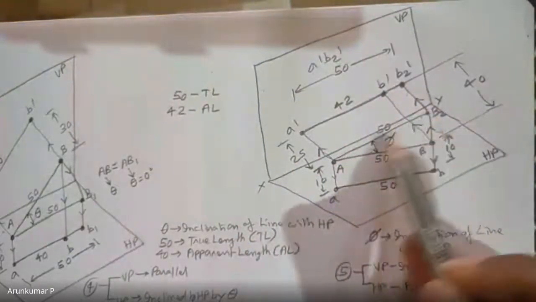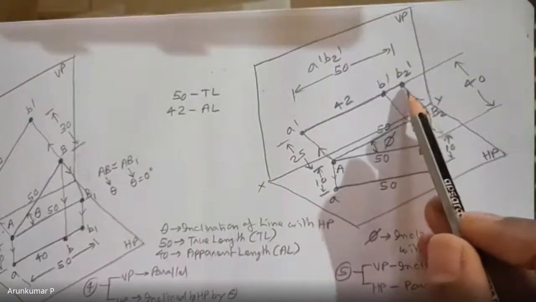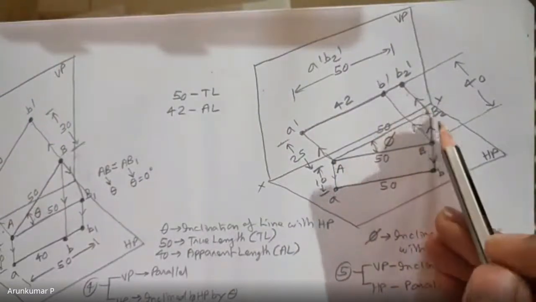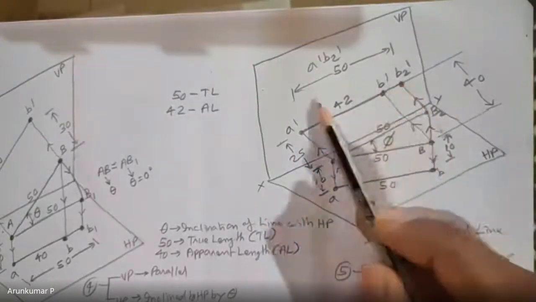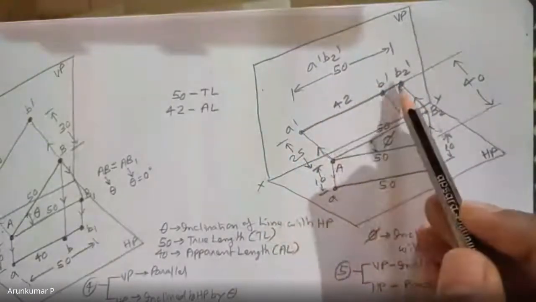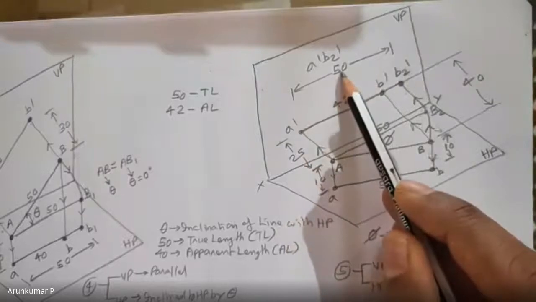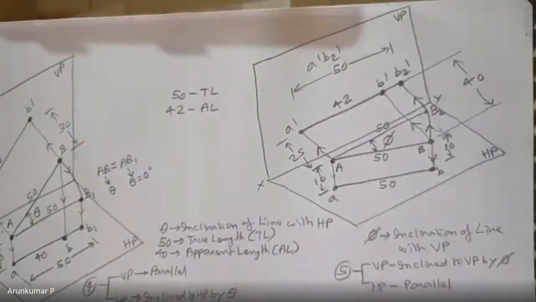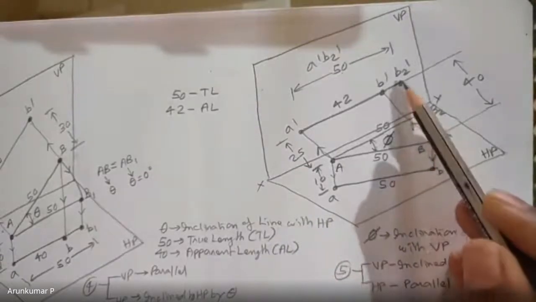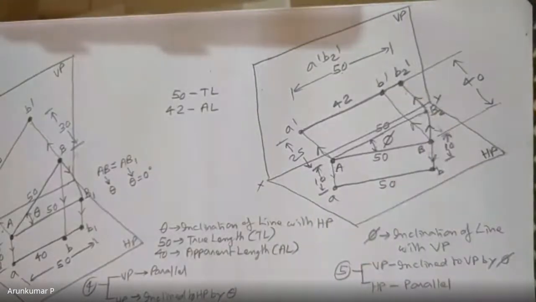So AB2 is the line which is now parallel to VP, and then I projected B2, I got A dash B2 dash. This is the new front view of the line whose length is equal to 50, which is equal to the true length. This is how by rotating I can make any line parallel to any plane.